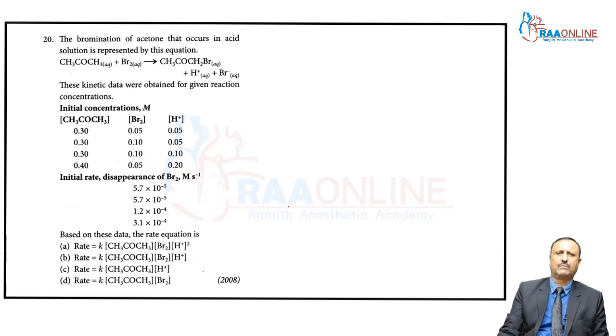Now, we can go to question number 20. Here, the bromination of acetone that occurs in acid solution is represented by the equation. It is the same type of question. You can see the concentration and the change in concentration. The rate depends upon the reactants, acetone CH3COCH3 and Br2.